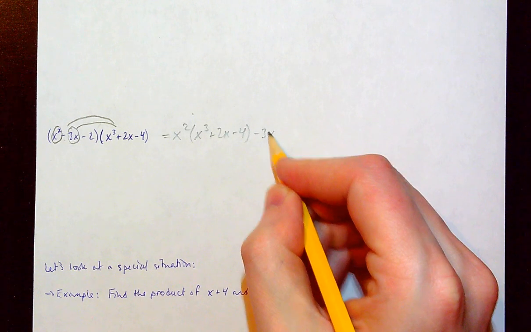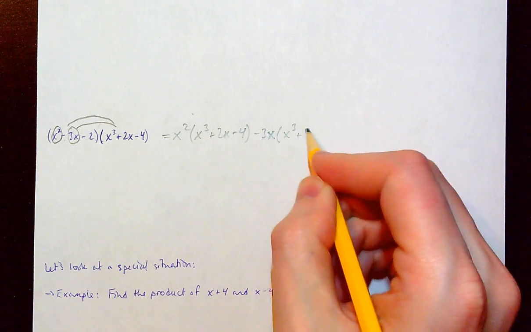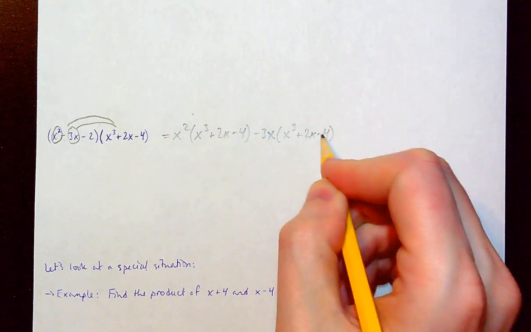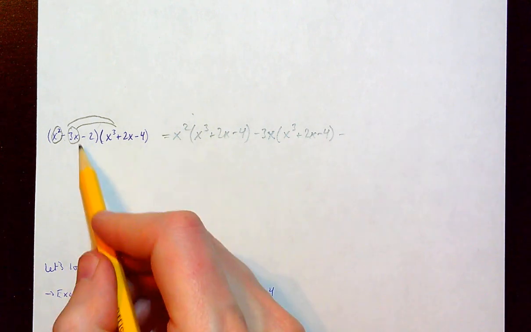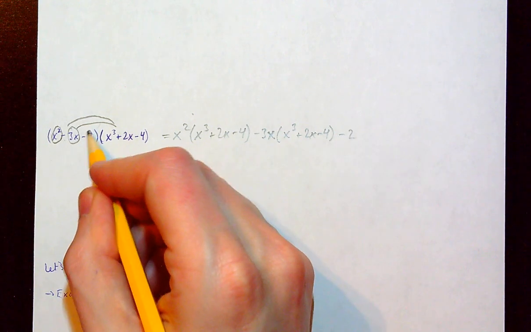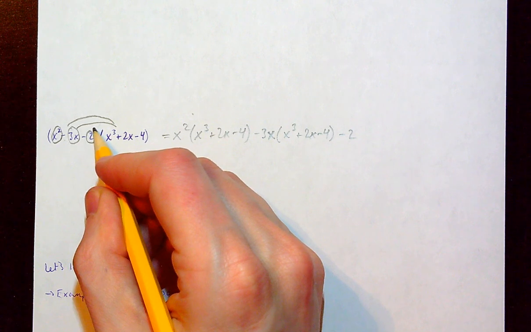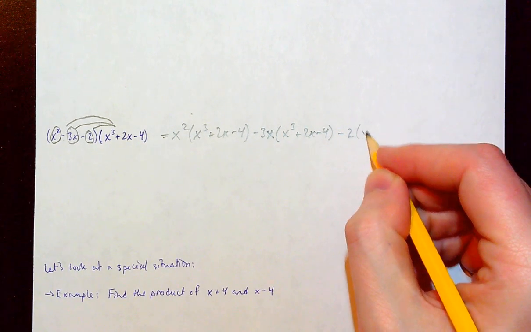Minus 3x times x to the third plus 2x minus 4. And then minus, because that's the sign we had there, 2, the third term in the first polynomial, distributed to the entire second polynomial.